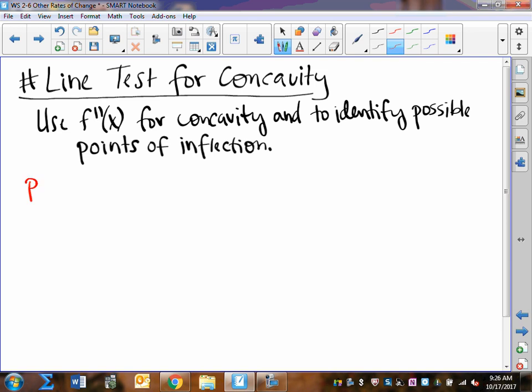So let's just go back to our x cubed graph. f of x equals x cubed. Let's go ahead and draw our pictures.